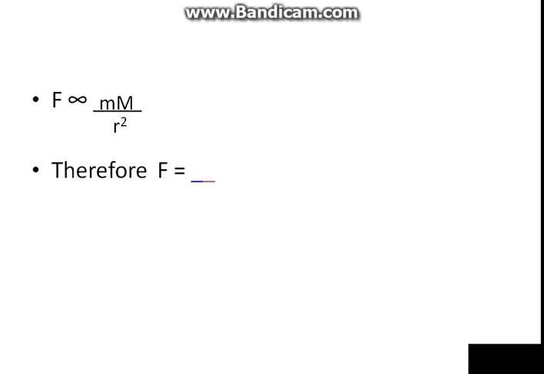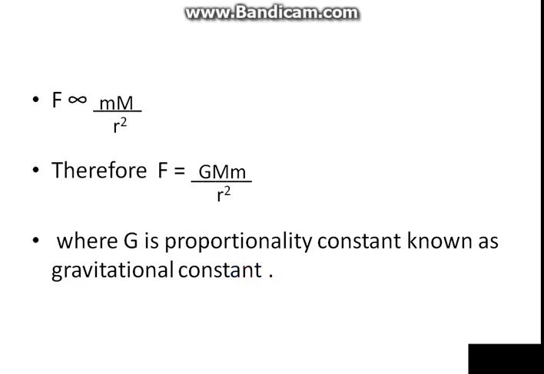Therefore, F is equal to capital G, capital M and small m all over r squared, where G is a proportionality constant known as gravitational constant.